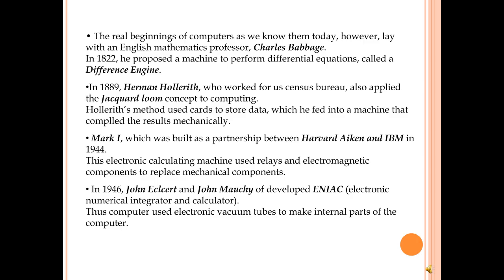But whatever the result was, we were not able to save those results. So, in 1889, we got an inventor named Herman Hollerith, who worked for the US Census Bureau, and he applied a concept to computing named the Jacquard loom. That method is also known as the Hollerith method.